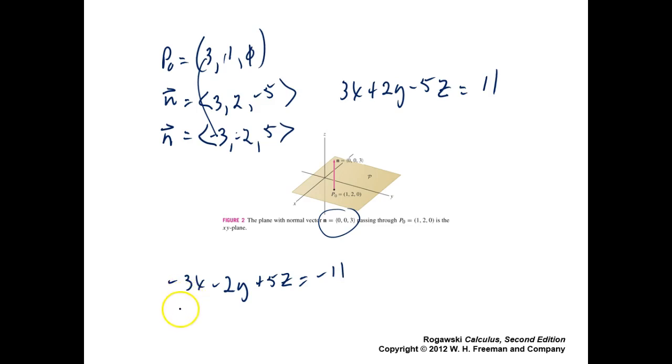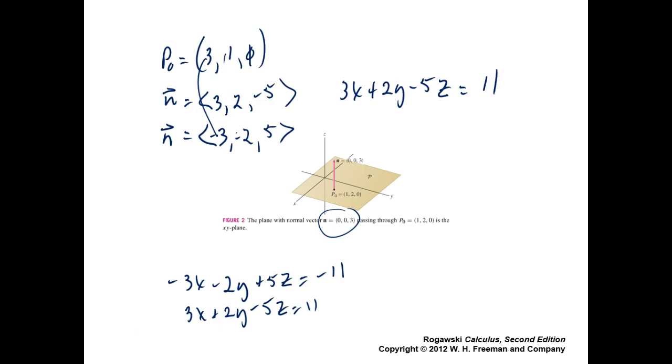You just multiply this by -1, both sides by -1, and you get 3x plus 2y minus 5z is equal to 11. Because you do the opposite of that. When you dot it with that point, it's going to give you exactly the opposite there. So yes, both of those are normals.